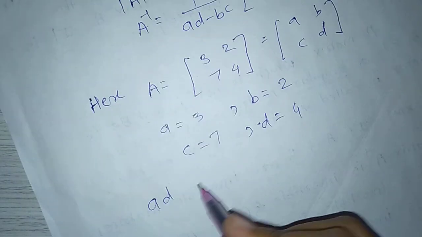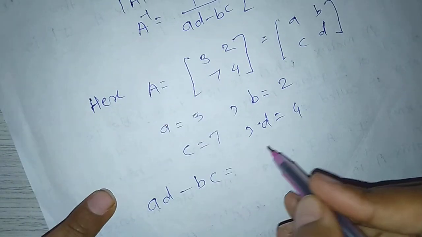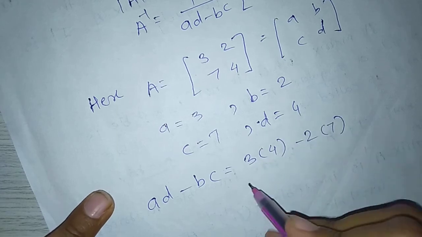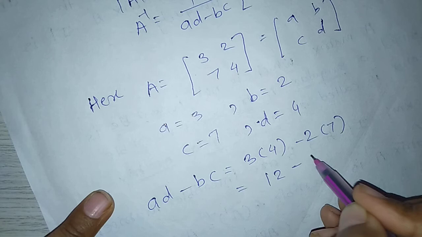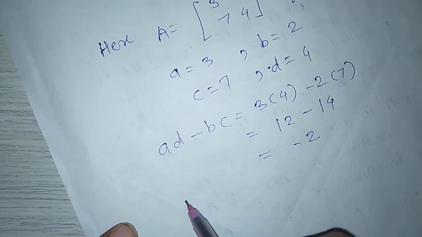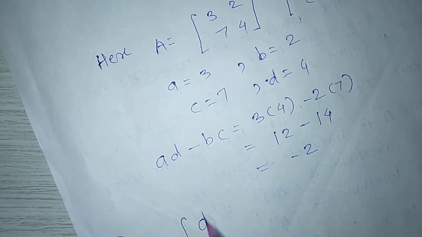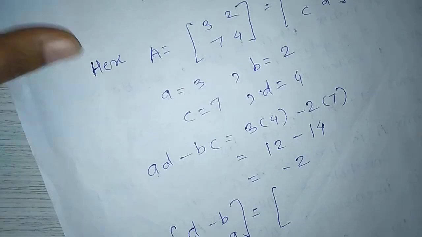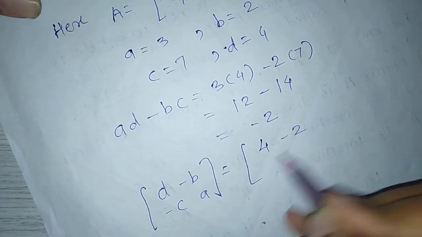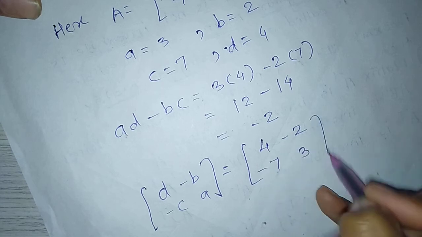ad minus bc equal to 3 into 4 minus 2 into 7, 12 minus 14 equal to minus 2, and the matrix d, minus b, minus c, a equal to 4, minus 2, minus 7, 3.